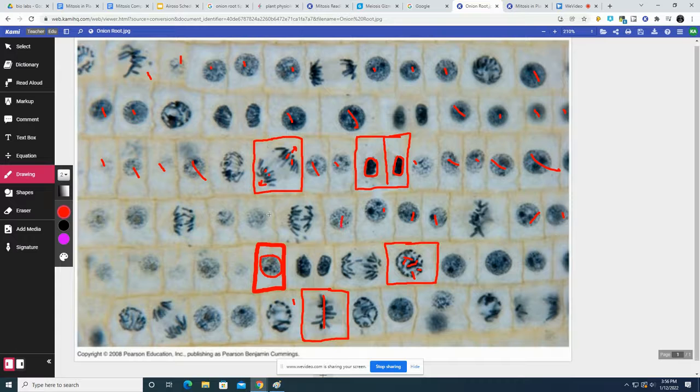I don't know what that is. 33, 34, 35, 36, 37, 38, 39, 40, 41, 42, 43, 44, 45, 46. I don't know what this one is. 47, 48, and 49.